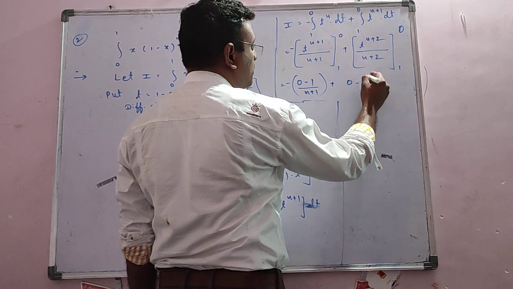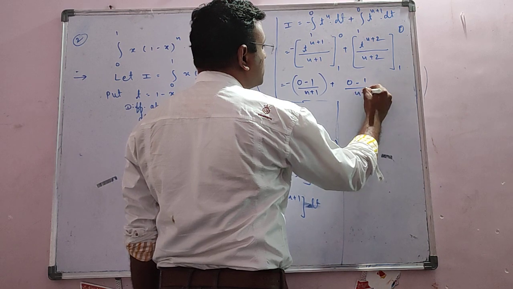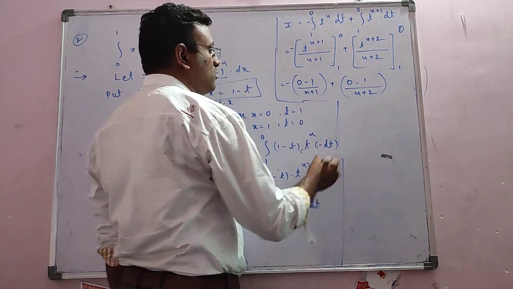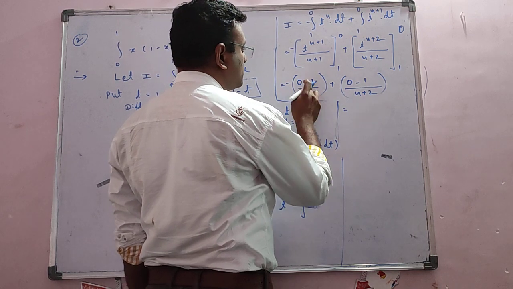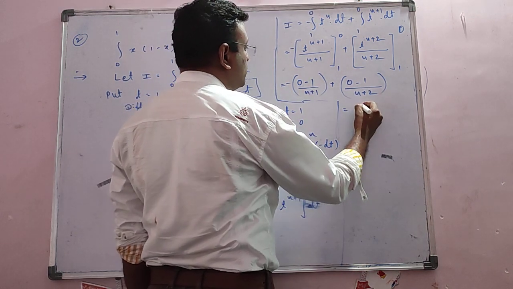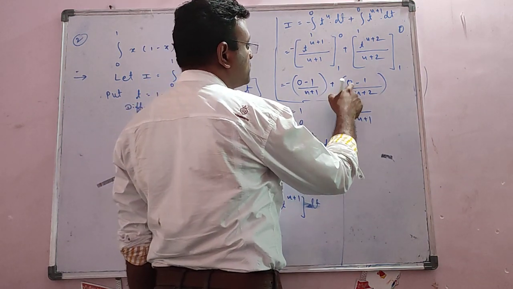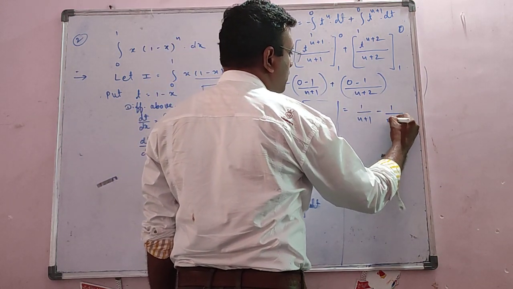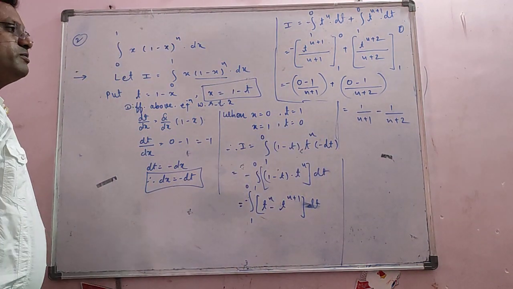Wherever there is t, put 1, and any power of 1 is 1, again there is n plus 2. So solving this we will get minus 1 upon n plus 1 plus 1 upon n plus 2. This will be the final value of the integration.